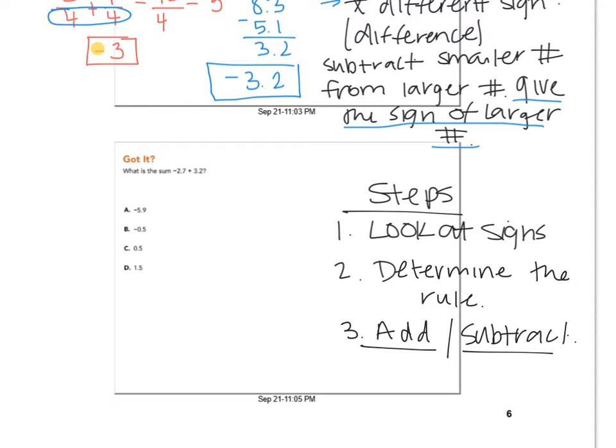All right, so in this example, we have negative 2.7 plus 3.2. So the signs are different. So I'm going to use the different signs rule. So that means that I have to subtract the smaller number from the larger number. So I'm going to take the absolute value of 3.2 minus the absolute value of negative 2.7.